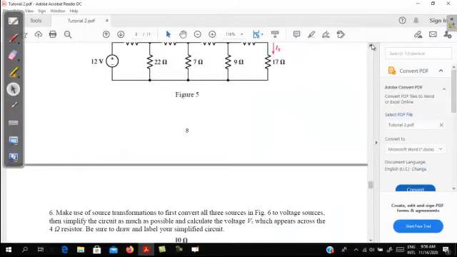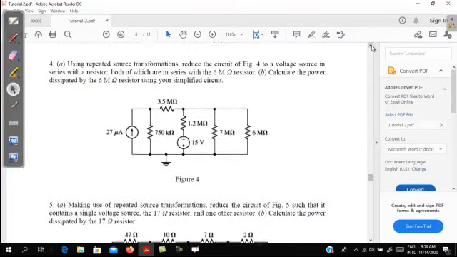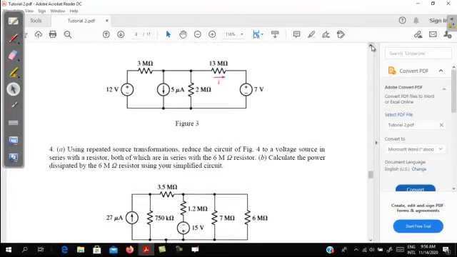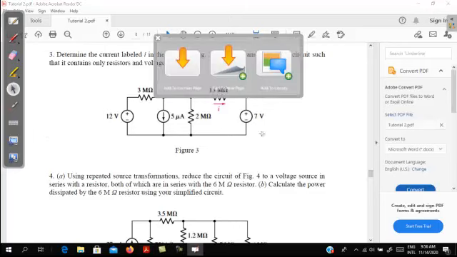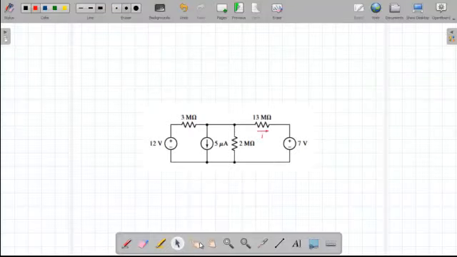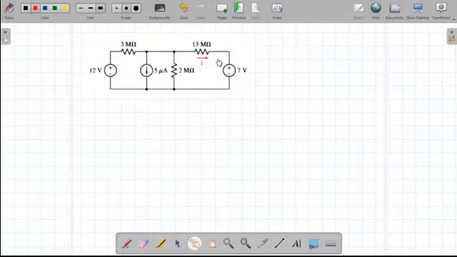The third problem says that we need to find I using source transformation. So here we will leave this part, then we will do multiple source transformations here.